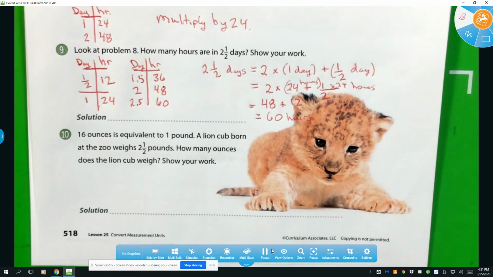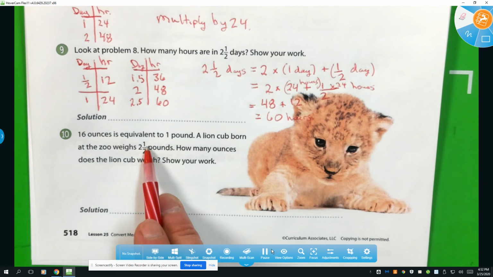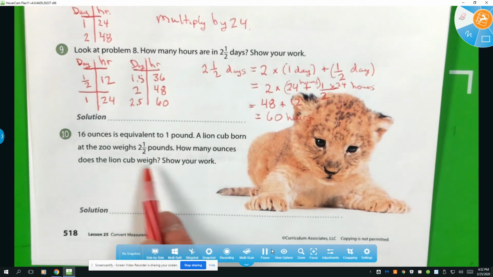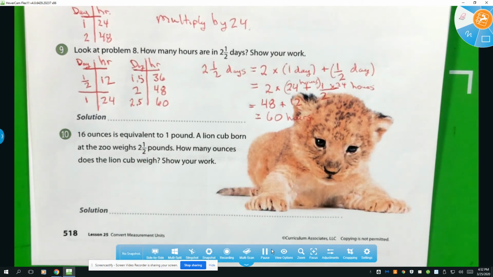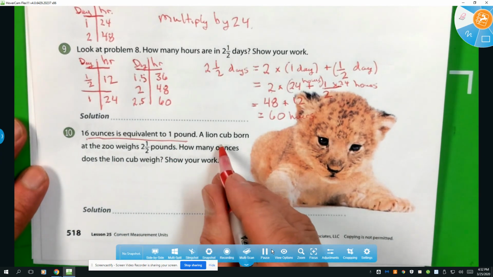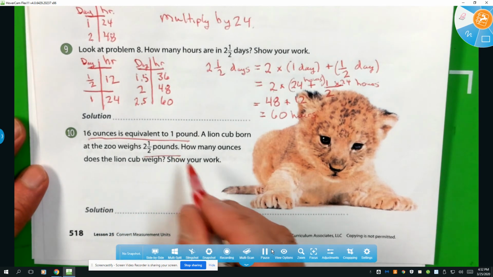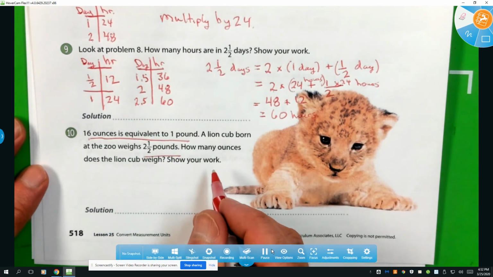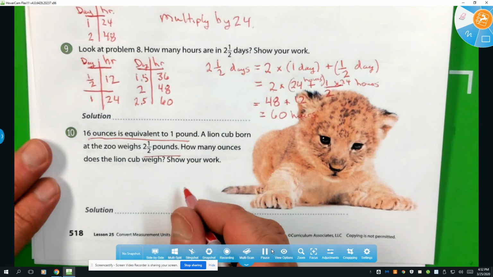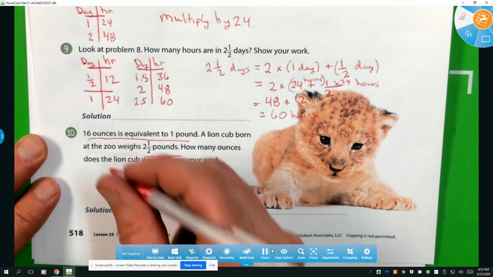All right. 16 ounces is equivalent to 1 pound. A lion cub born at the zoo weighs 2.5 pounds. How many ounces does the lion cub weigh? Show your work. Now, we can do this same thing. We can go by halves, or we can do half of. All right.